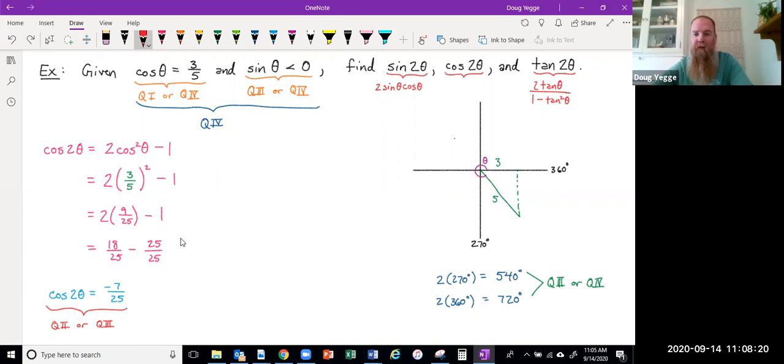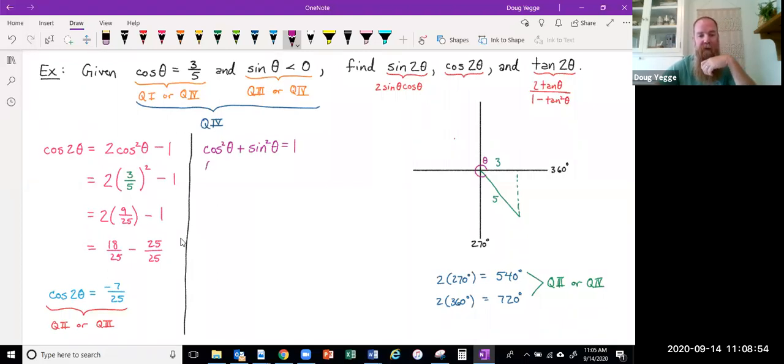So before we can continue on, we're going to have to know what sine theta is. So remember, we got a couple of options for this. One option is to use an identity that relates cosine theta and sine theta. So if I'm trying to find sine theta and I know cosine theta, then we can use the identity cosine squared theta plus sine squared theta is equal to 1.